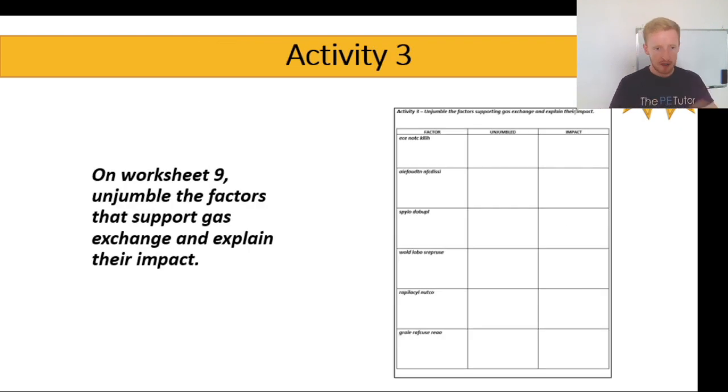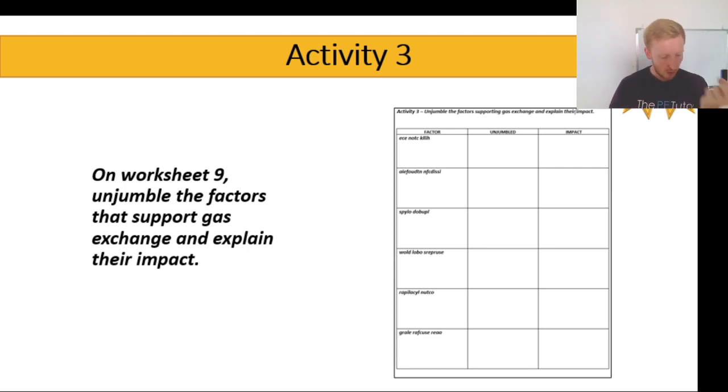So to summarise those five, six factors which impact on gas exchange, there is that activity sheet. So note down what they are. You need to unscramble them first. You do have the slides to help you if you can't work them out first time. But note down that impact, not just a description of what it is, but what's the overall impact.